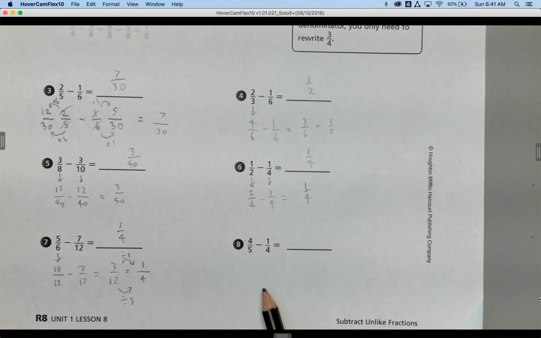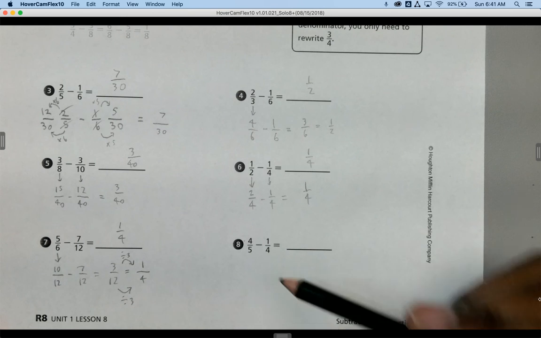Finally, 4/5 minus 1/4. 5 is the larger of the two denominators, but 5 is not a multiple of 4, so 5's out. Go through your multiples of 5 until we find one that works for 4. 5, 10, 15, 20. 20 is going to be our common denominator.